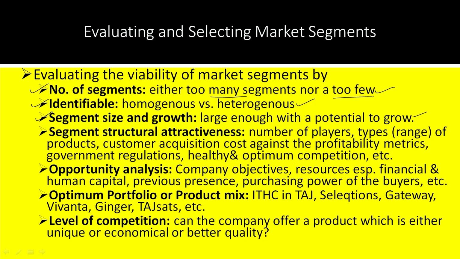So, the company should check that the segment in the current scenario is sizable in terms of making profit, and at the same time has a potential to grow also. The future should be better than the present in terms of number of units, that is the first criterion, and second, if more units cannot be sold, then at least the profit can be increased by selling the same number of units.